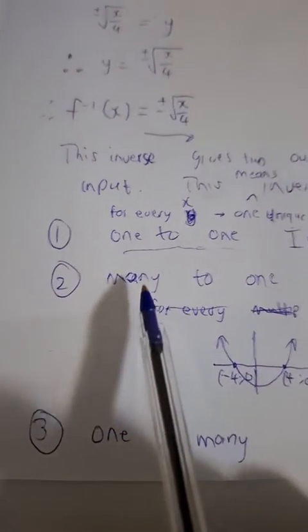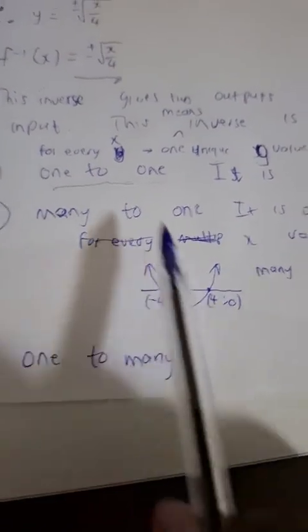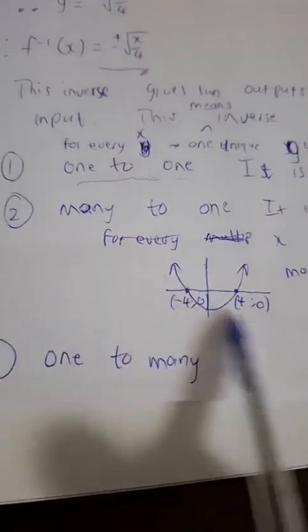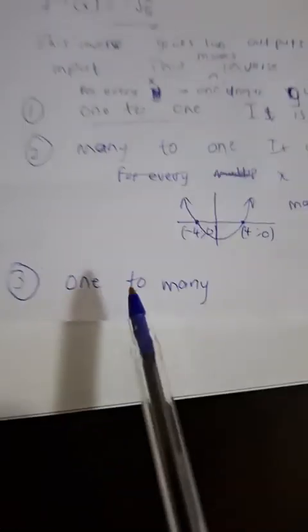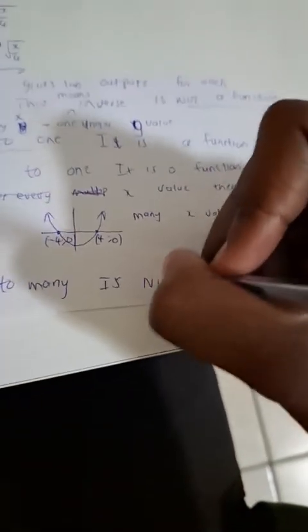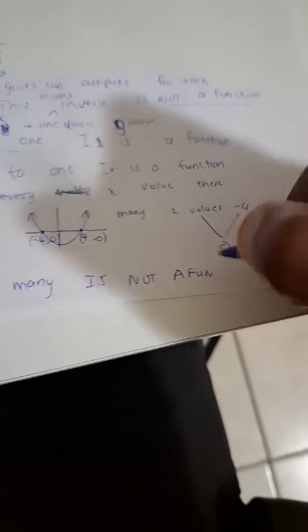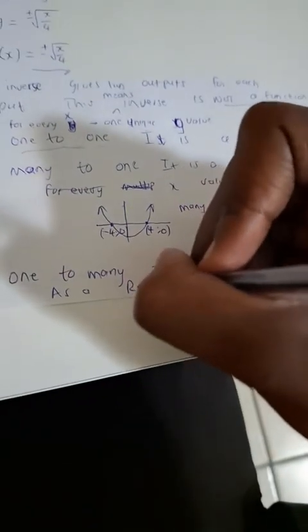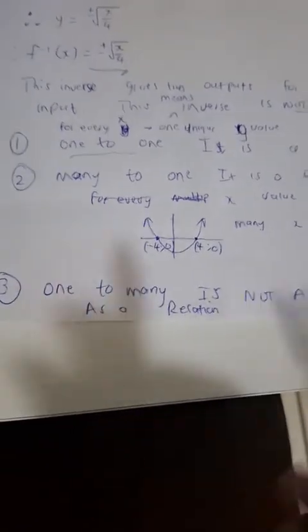That's why we regard it as many x values to one y value. All right. So we regard this parabola as a function, but then 1-to-many is not a function as per the definition of what a function is. We regard this 1-to-many as a relation. We can't properly regard it as a function. Okay, so more about this later on.